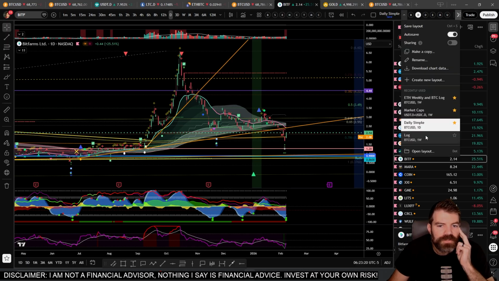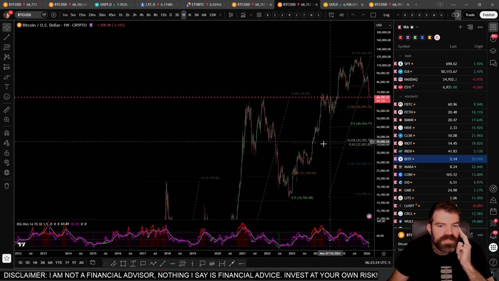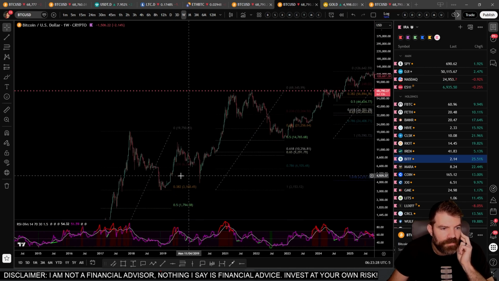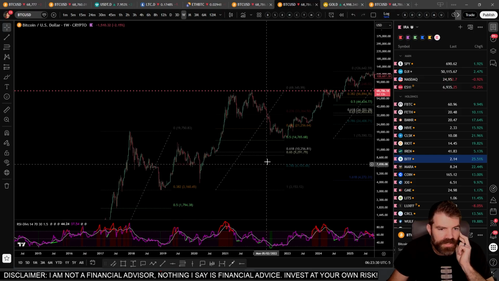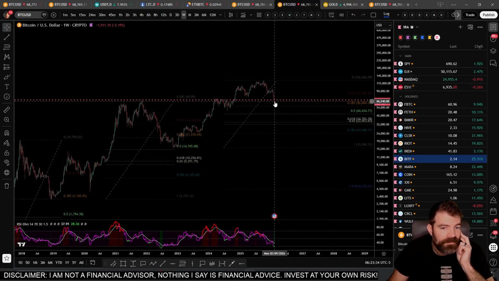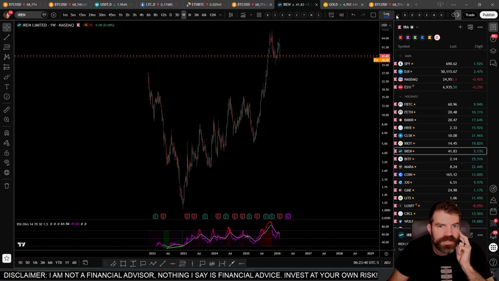I was messing around with some of the log charts for some of these assets. You can see Bitfarms. It's interesting when you look at it in the log chart, because the pullback was to the 0.382, then the next pullback was to the 0.5. So if that's the same, maybe we could, oh, this is Bitcoin. How did that happen? Bitfarms, there we go. I thought I did this on some of these charts, maybe not.